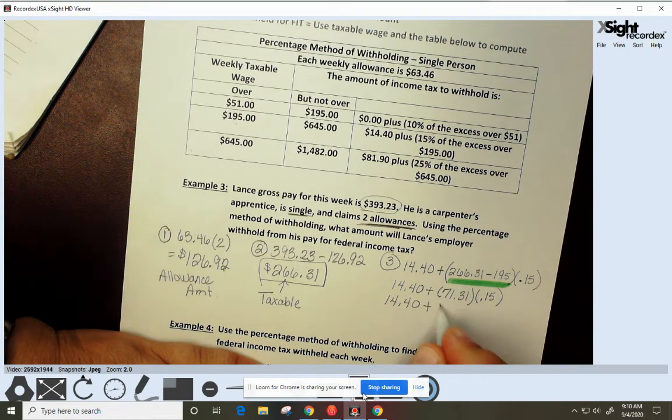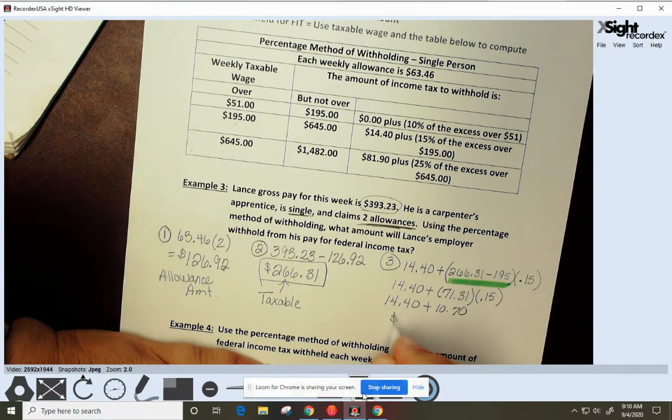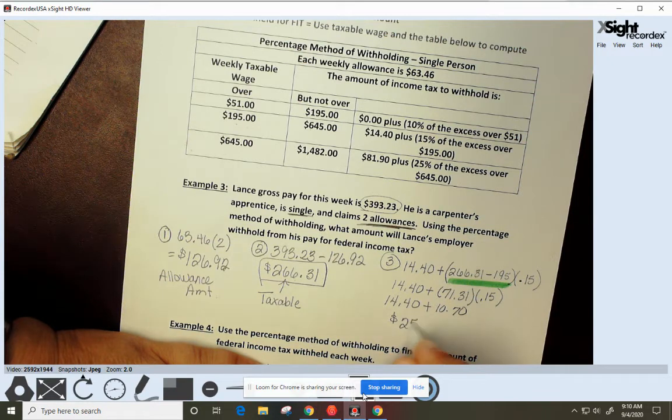That's another $10.70. So take your $10.70 and add your $14.40 to it. So my total tax is going to be $25.10.